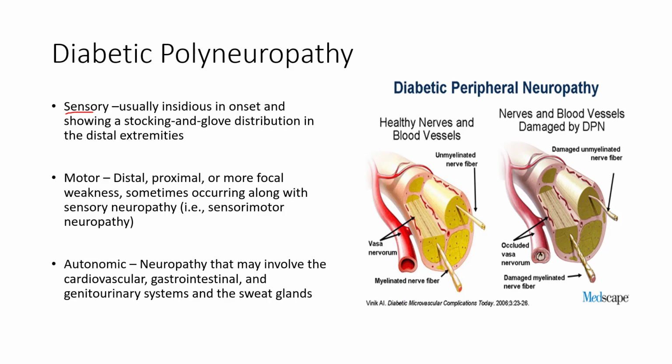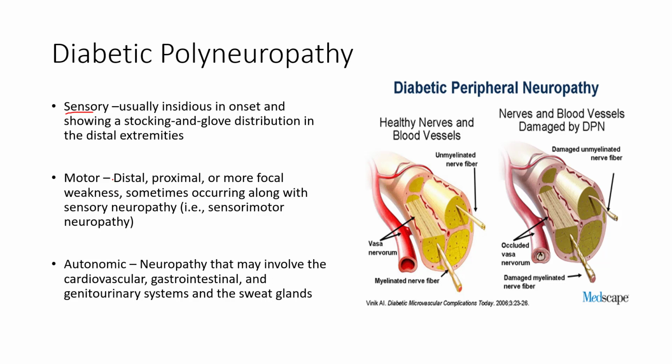Our blood vessels diffusely in patients with diabetes are affected. It's that reactive oxygen species, that oxidative stress, the glycation, those advanced glycation end products, the AGEs and RAGEs. Those are causing diffuse damage, and it's going to affect the blood supply and the nerves themselves.